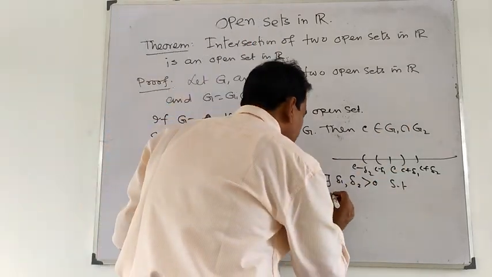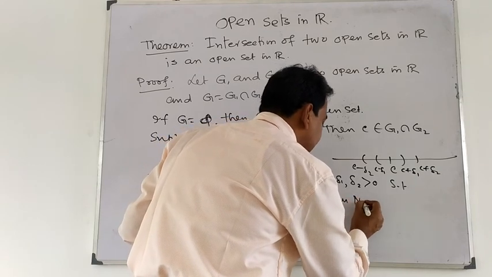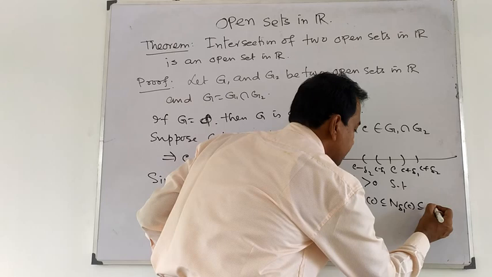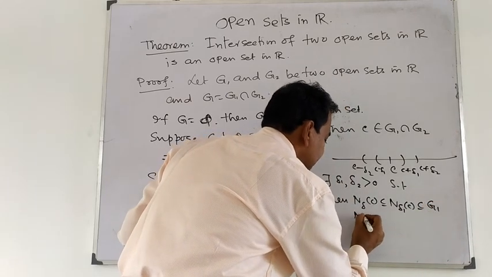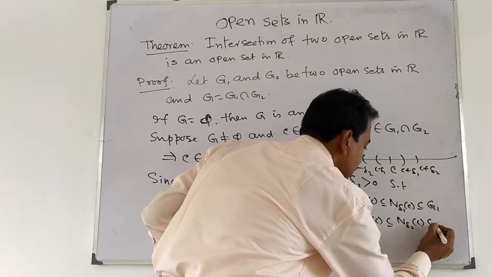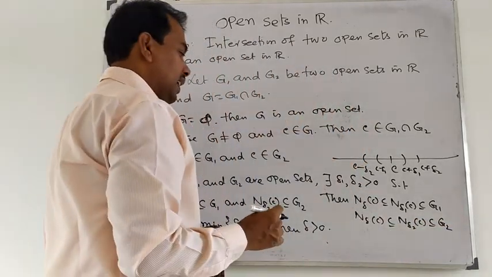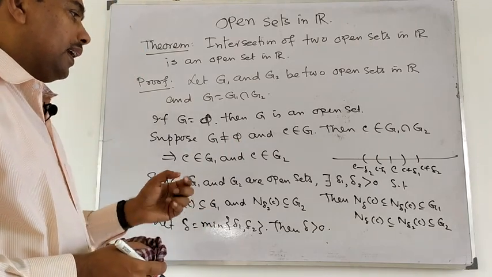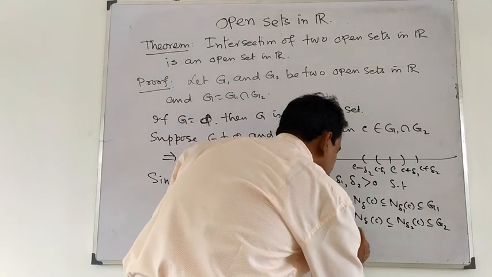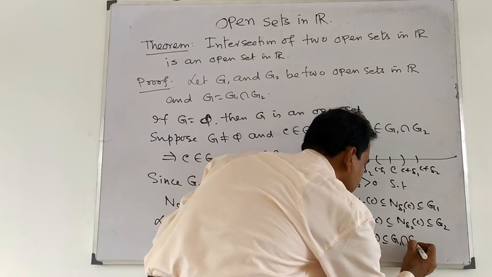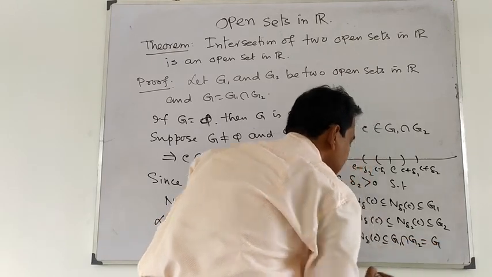Then we can write N_delta(c) is a subset of N_delta1(c), which is a subset of G1, and N_delta(c) is a subset of N_delta2(c), which is a subset of G2. So N_delta(c) is a subset of G1 as well as G2. So N_delta(c) is a subset of G1 intersection G2, which is equal to G.